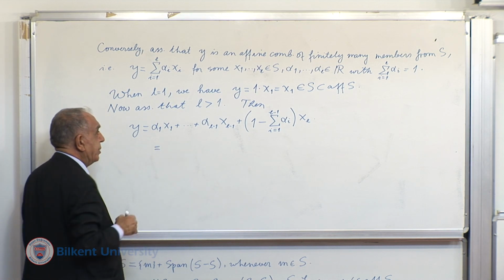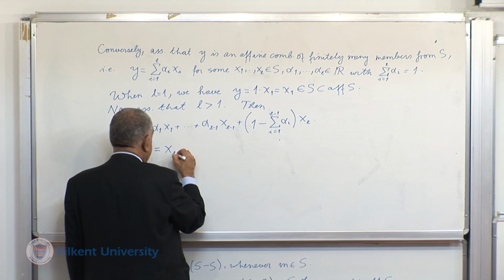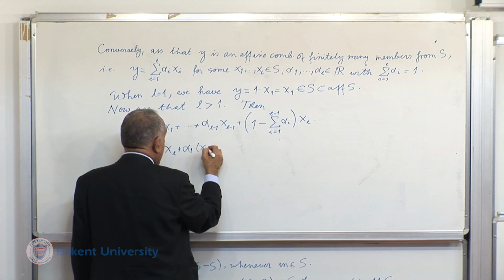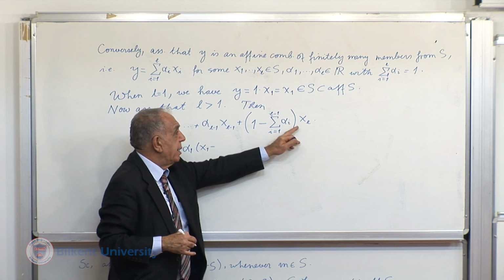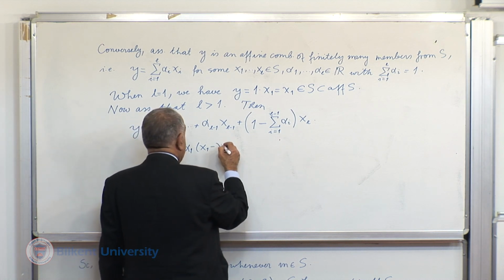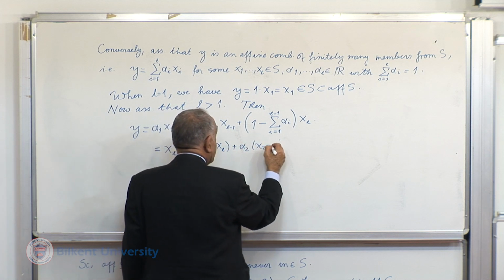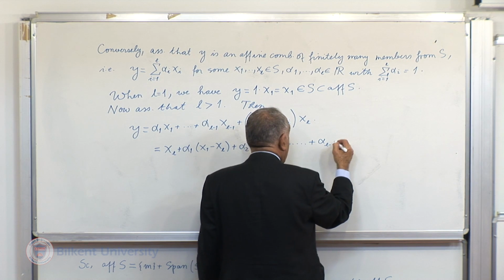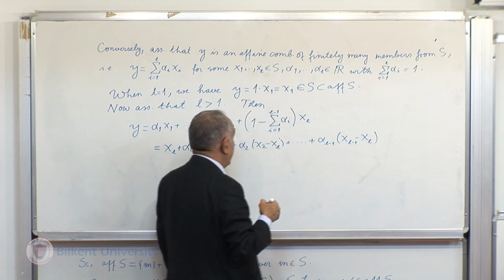But then this simply will be xl plus alpha 1 times x1 minus xl, because you'll have alpha 1 xl subtracted as well if you expand this summation, plus alpha 2 times x2 minus xl, plus up to alpha l minus 1 times x l minus 1 minus xl.